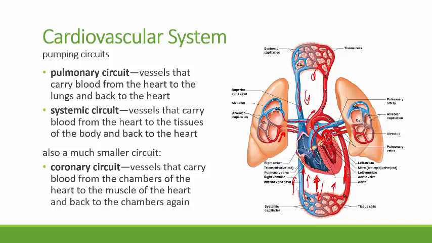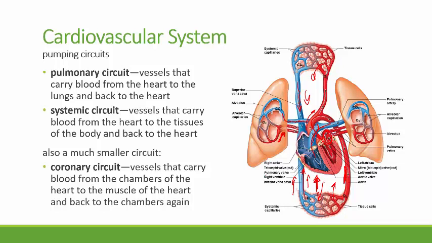Those are the blood vessels that deliver oxygen and nutrients to the muscle of the heart. So even though all this oxygenated and nutrient-rich blood is being delivered through the heart, the chambers of the heart are impermeable to the movement of that oxygen.